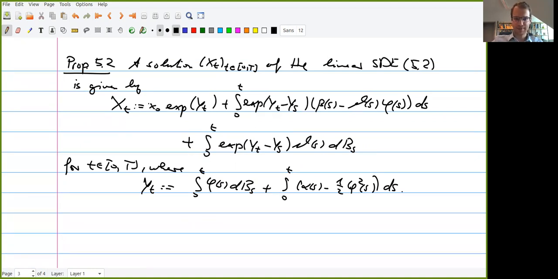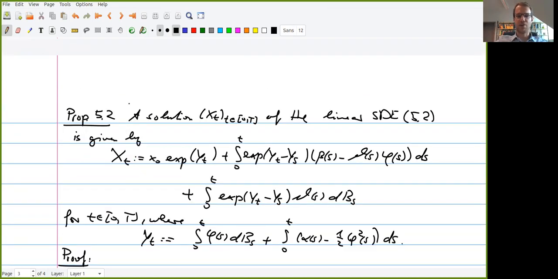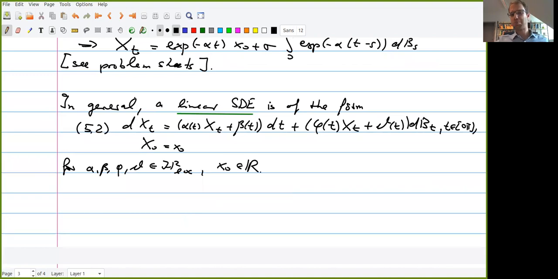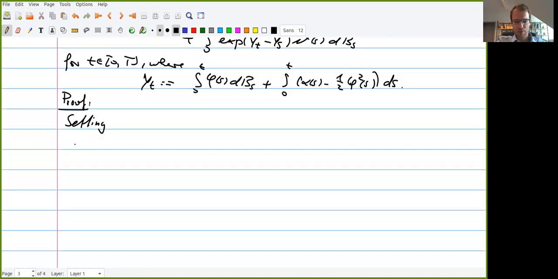You see that Y and X are not given by a differential equation; the right-hand side is explicitly given. So let me prove it. The proof is not too hard. It's just an application of Ito's formula. We only need to check that X, as it is defined here, satisfies our linear differential equation. That's all we have to do.